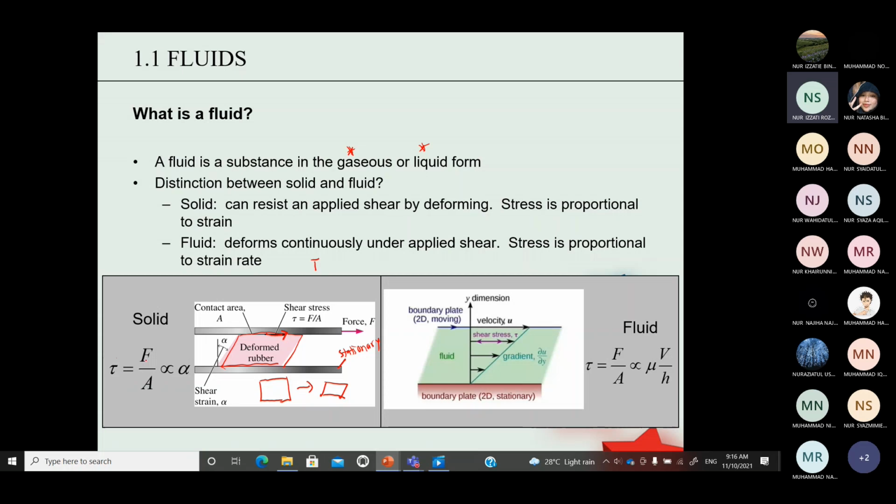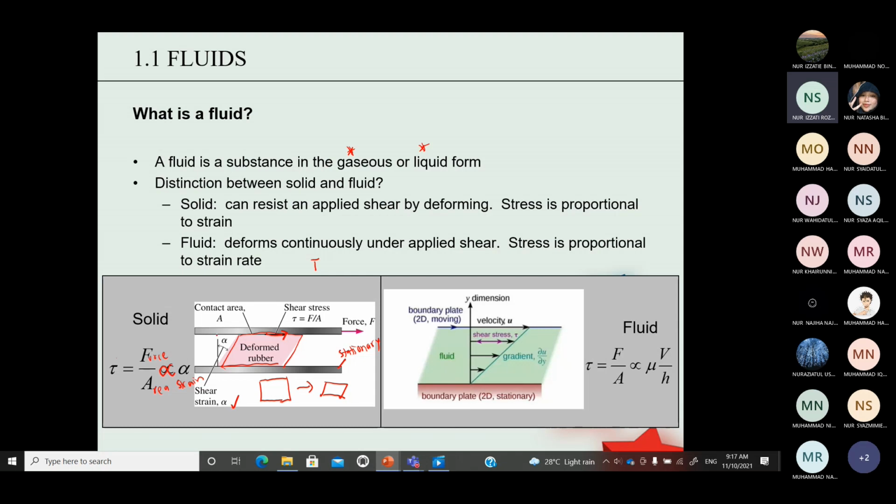Shear stress is equal to the force that we give divided by area: force over area. Alpha is the shear strain. When we say proportional, it means the rate of shear stress is proportional to the rate of shear strain. The shear strain is the angle, as you can see.